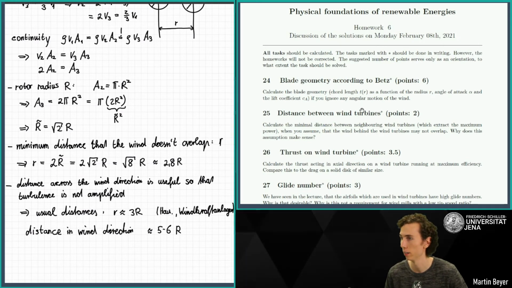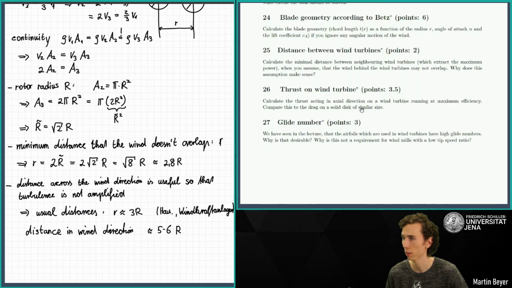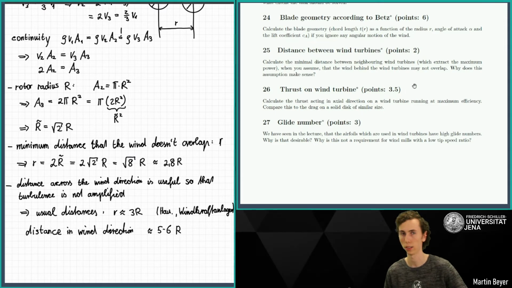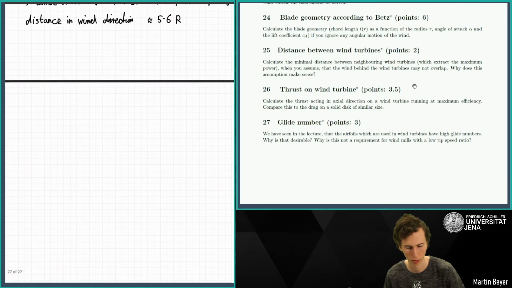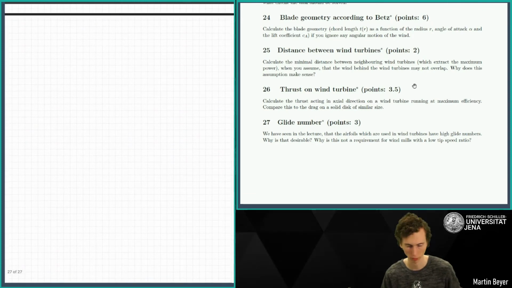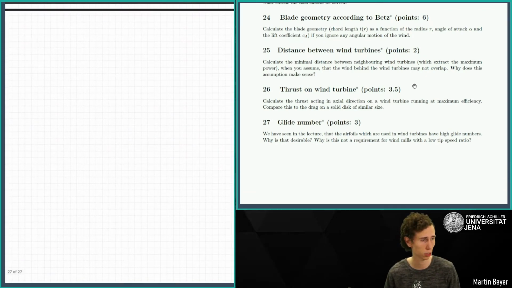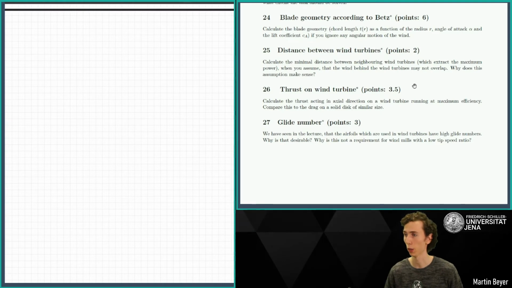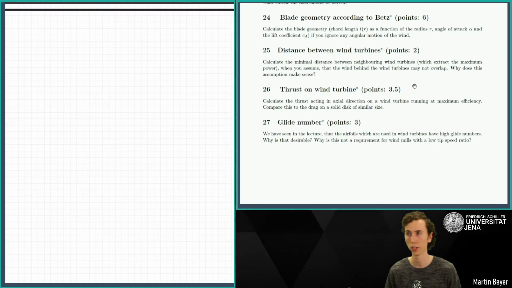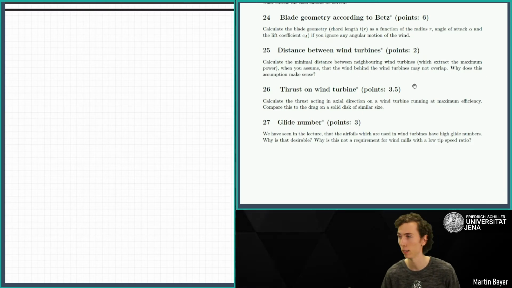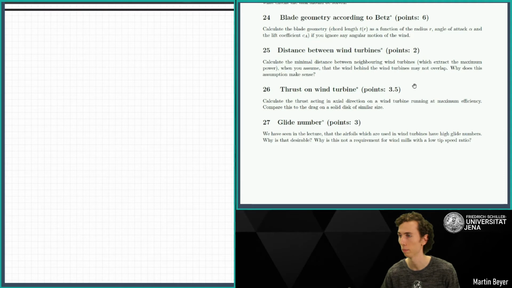Okay, so now let's move on maybe to exercise number 26. And what do we have here? We want to calculate the thrust acting in axial direction on our wind turbine, which again runs at the Betz limit at maximum efficiency.